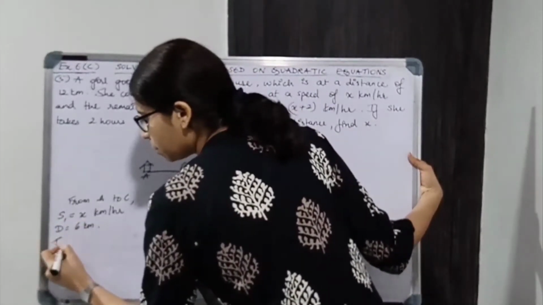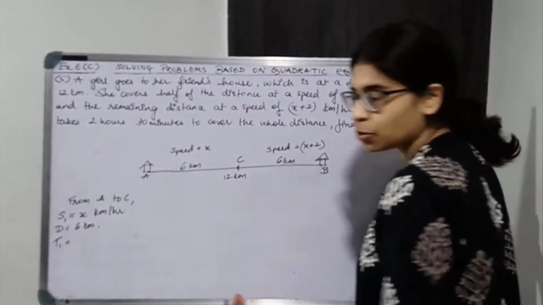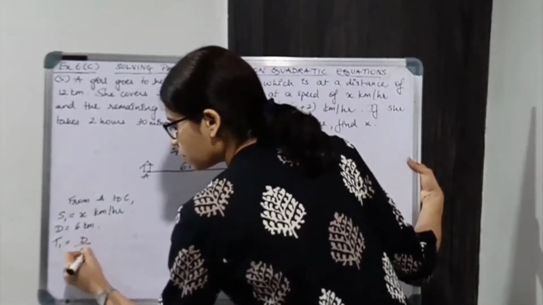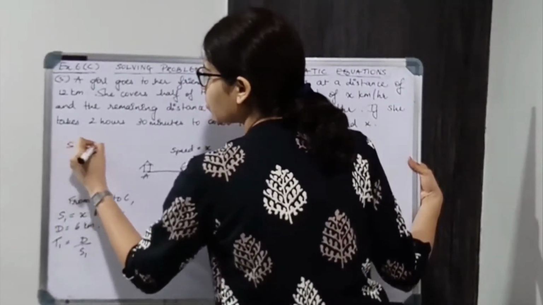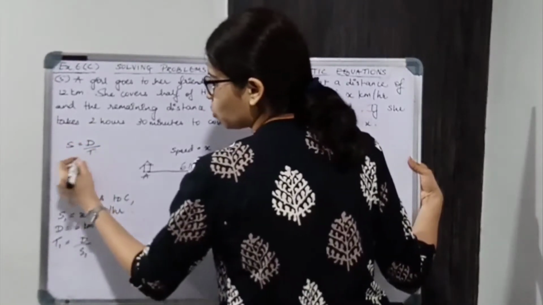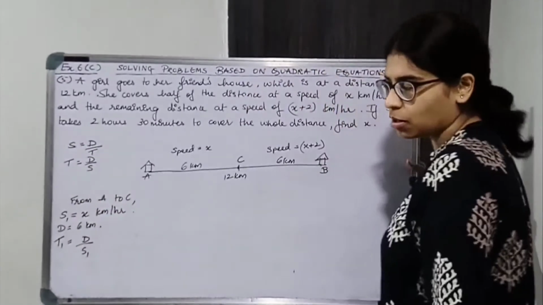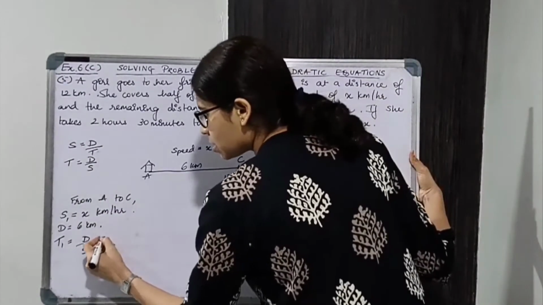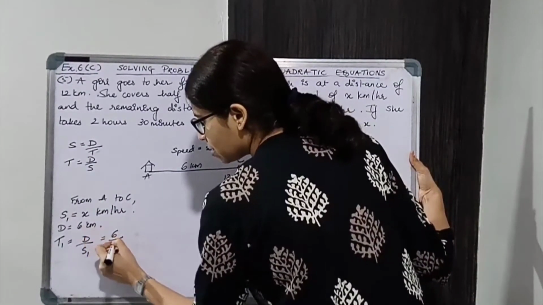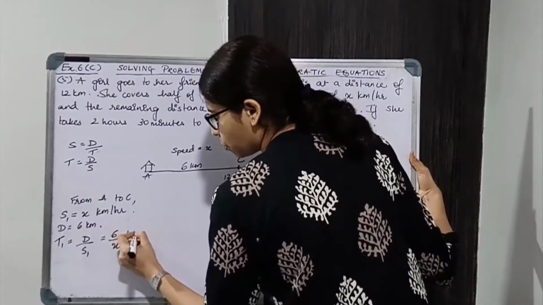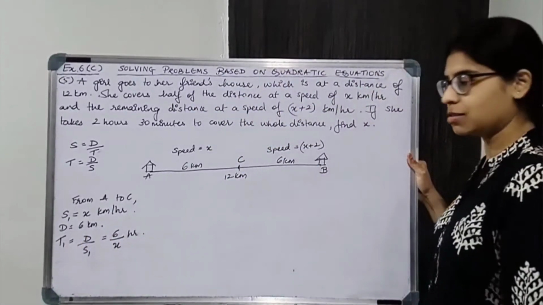What will be the time? Distance upon speed. Right? Speed is distance upon time. So time क्या हो जाएगा? Distance upon speed. You know, interchanging. All right. So distance is 6, speed is x. So 6 upon x hours. ठीक है.